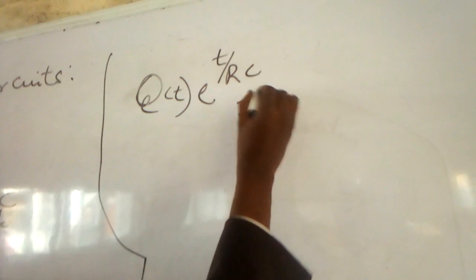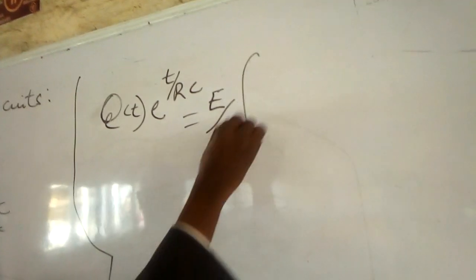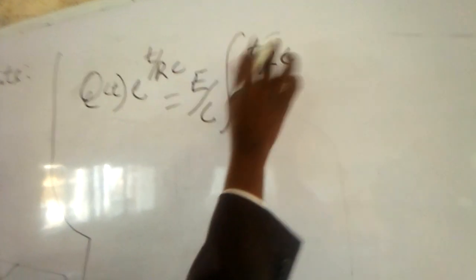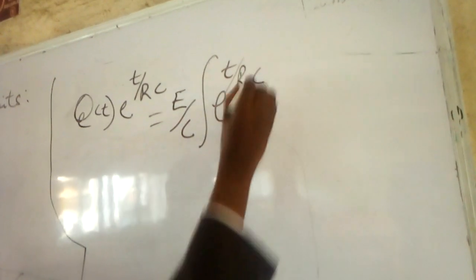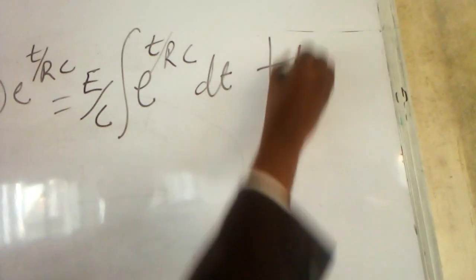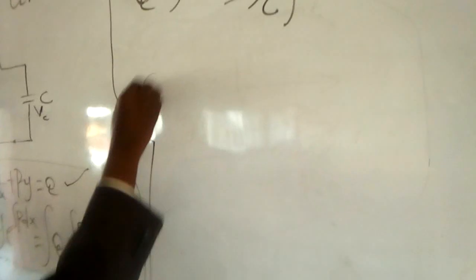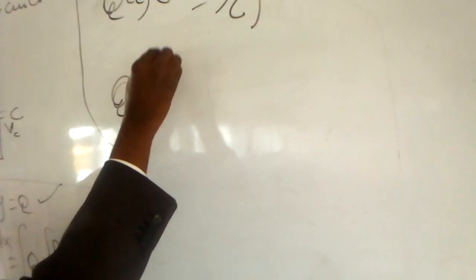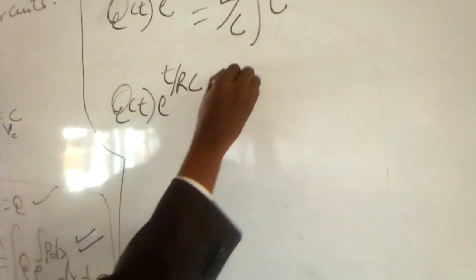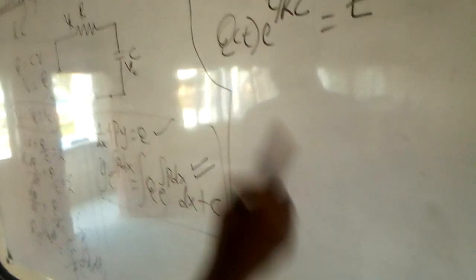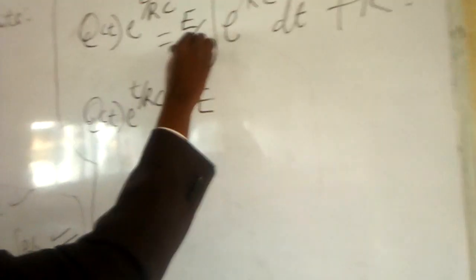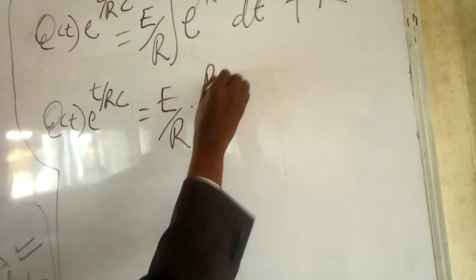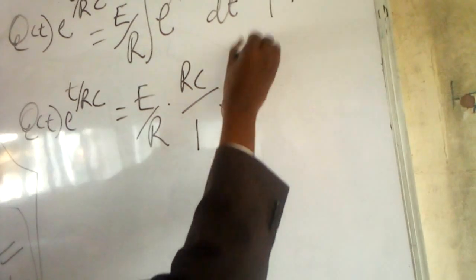Exponential t over RC, when we integrate, is equal to E over R integral exponential t over RC dt plus arbitrary K. So charge as a function of time, q times exponential t over RC, is equal to, note that this is R when it is coming out of the bracket, E over R dot RC over 1 exponential t over RC plus arbitrary constant K.